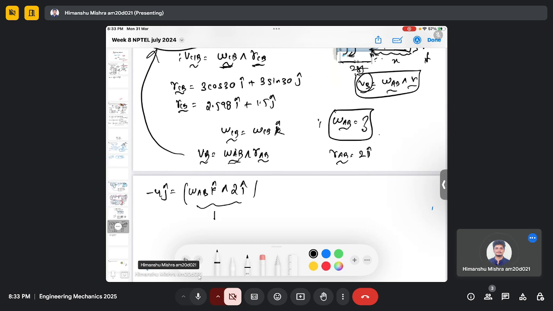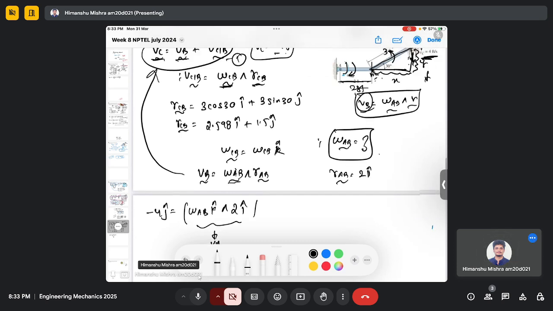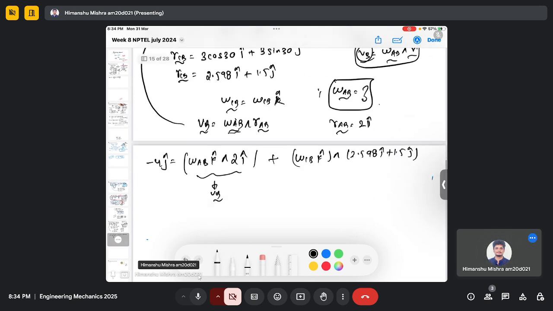This is our VB, plus omega CB in the k direction cross RCB. This is the RCB vector, 2.598 i plus 1.5 j. This is omega CB cross RCB.